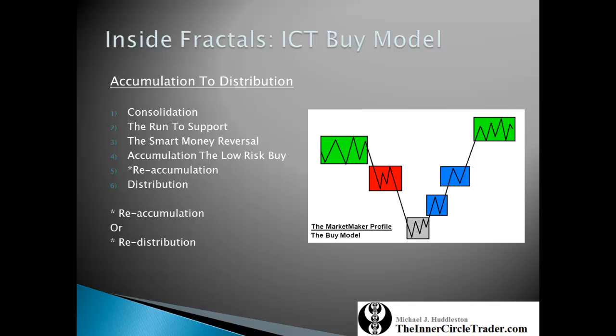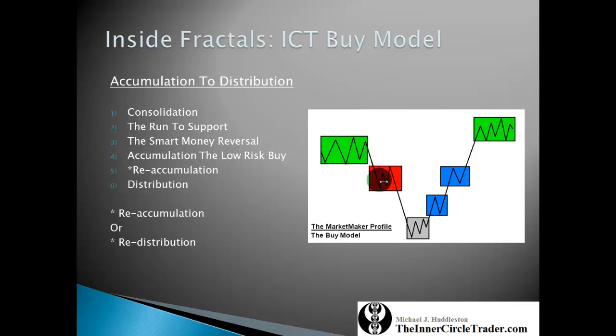So let's talk about specifically what an ICT buy model is. The first stage, in this very abstract design, beginning on the left side of the overall pattern or model, is the initial consolidation. This consolidation in the first green box on the left side is the building blocks of the initial drop lower.